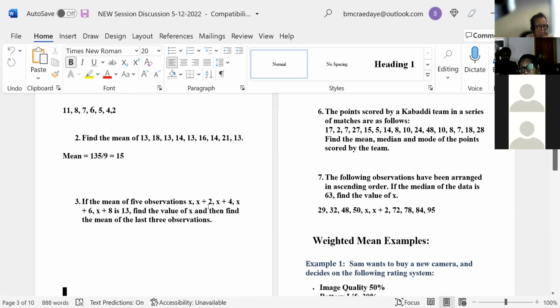Find the value of X and then find the mean of the last 3 observations. Okay, so here's your key right here.